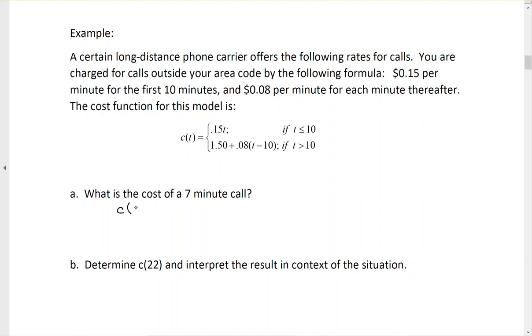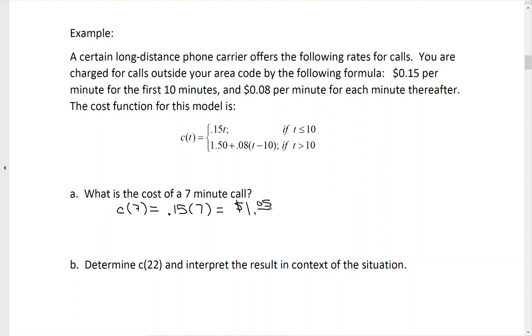Now I have to figure out, do I put it into the top or the bottom function? In this case, 7 is less than or equal to 10. So I'm going to put it into the first piece of my piecewise function. So 0.15 times 7, and your cost is going to be $1.05. So again, make sure you use your dollar symbol.